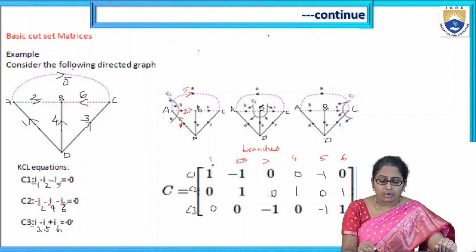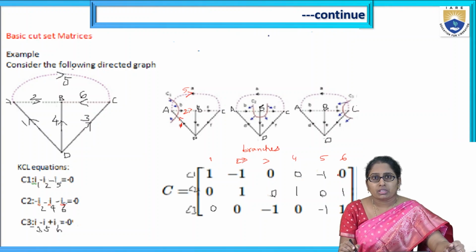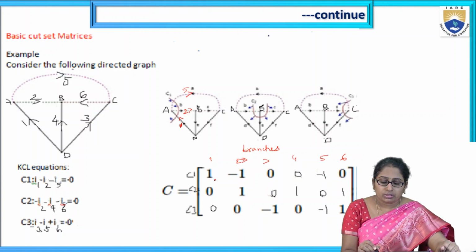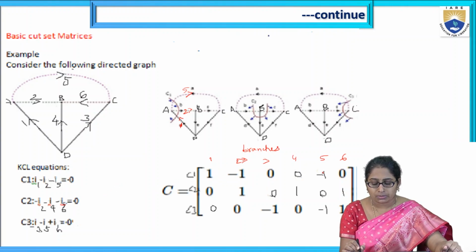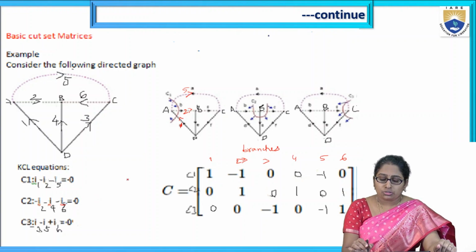So under branch 1 plus 1, under branch 2 minus 1. There is no I3 or I4 current in the first equation, so 0, 0. Then minus I5, so minus 1 under branch 5, and under branch 6 also 0. Based on the equation, we simply put the coefficients here, and that becomes row 1. Only under branches 1, 2, and 5 we have values; the remaining are zeros.